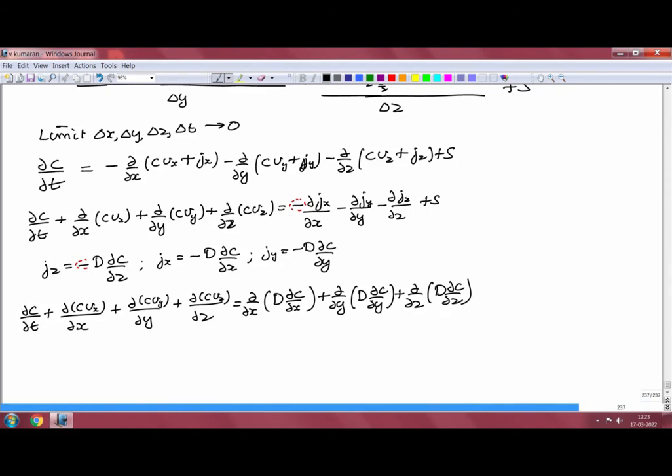If d is independent of position, then you will get partial c by partial t plus the convective terms is equal to, you can take the diffusion coefficient outside and you will get partial square c.